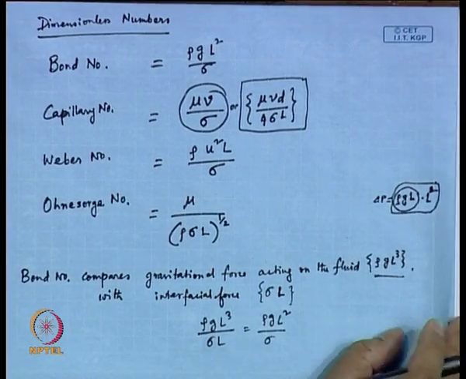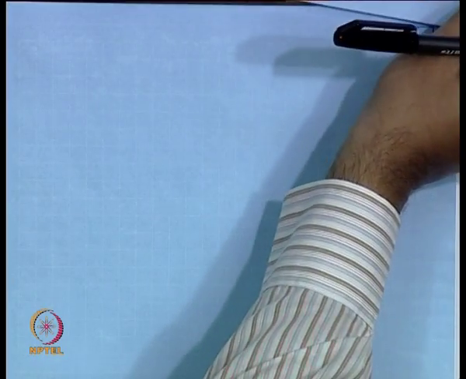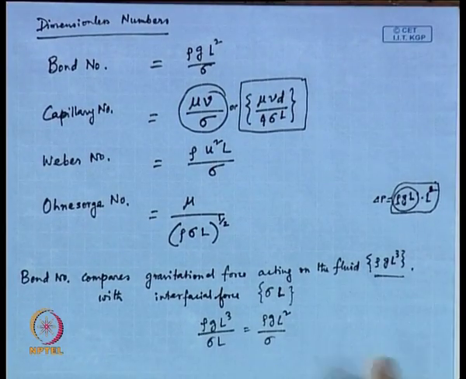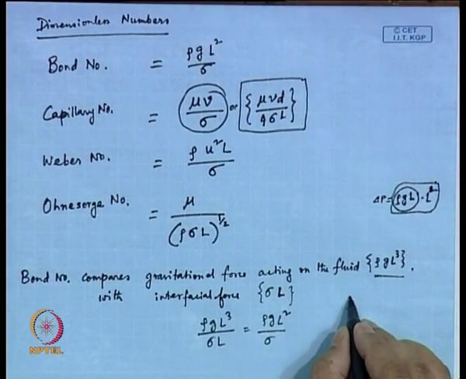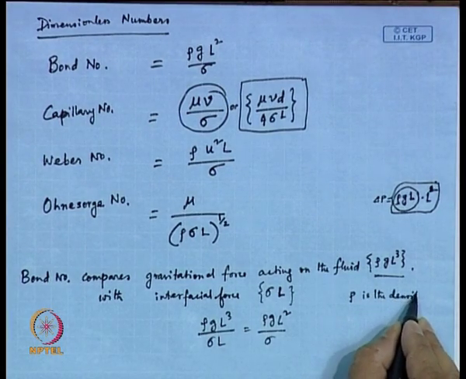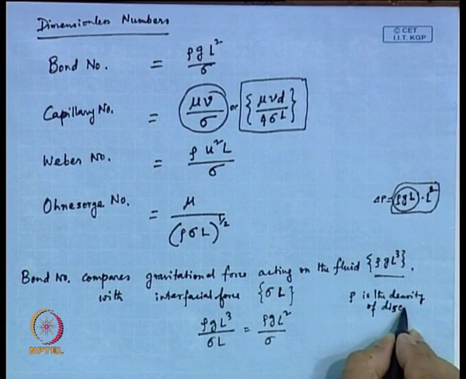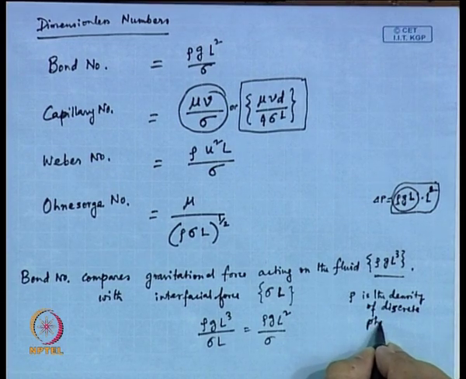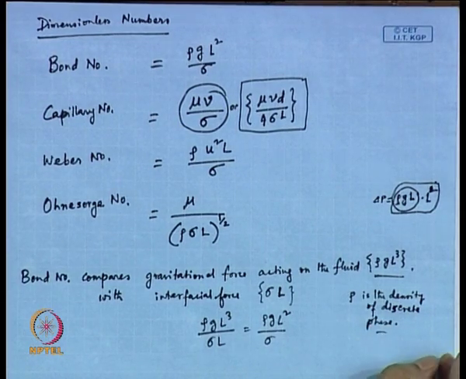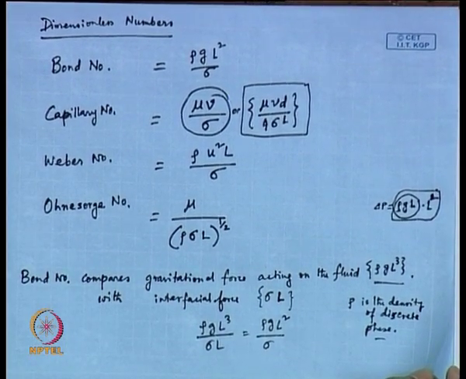Okay. So, what does this mean? You have to understand here that rho is the density of the discrete phase. Discrete phase means you are producing oil droplets in water, or you are producing bubbles in water. Then the discrete phase here is air and the continuous phase is water.